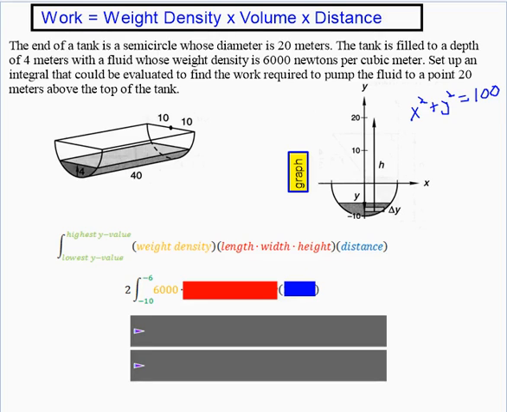Before we had a line, well now we have a circle that we want to solve, and we would subtract y squared, so 100 minus y squared, and then we would take the square root of that, and we get x equals the square root of 100 minus y squared.